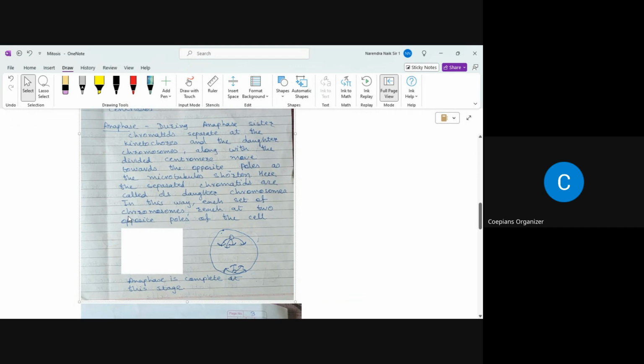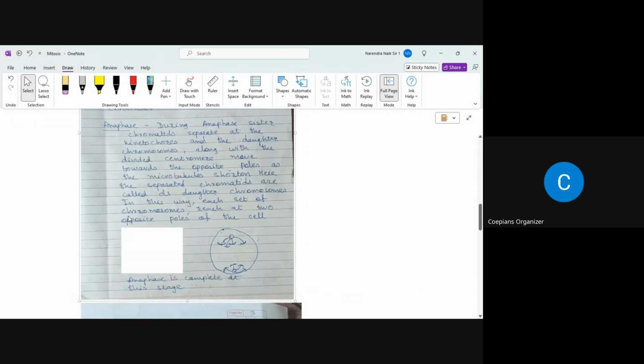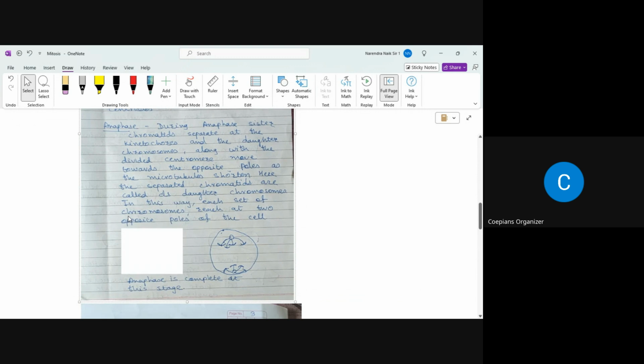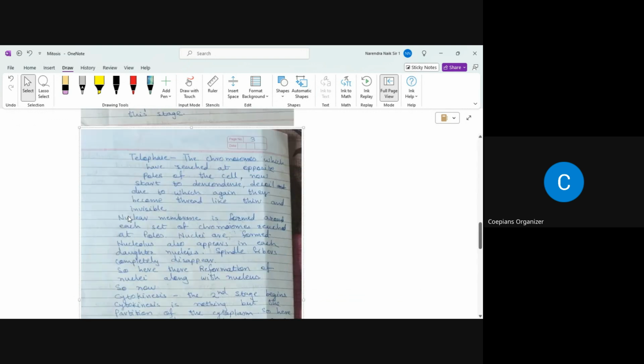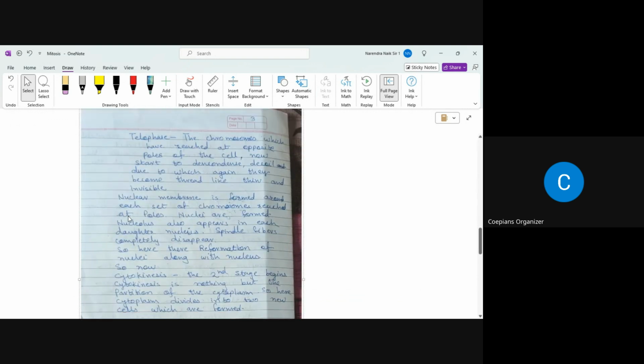In this way, each set of chromosomes reaches the two opposite poles of the cell. Once they have moved to the opposite poles, anaphase is completed.